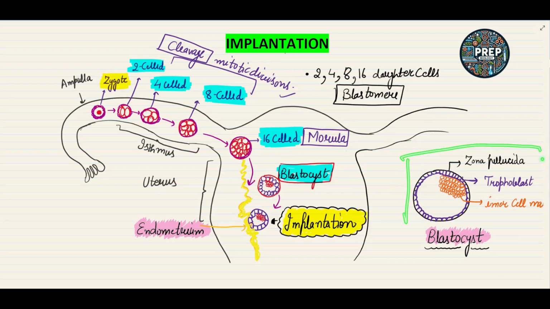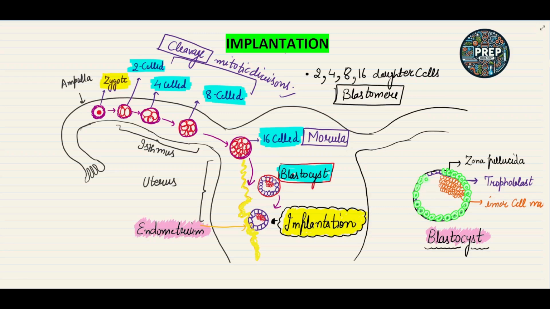This is the structure of one blastocyst, and we know that the outermost layer of the ovum or the zygote is the zona pellucida. Inner to the zona pellucida, we have different blastomere cells inside it. When the blastocyst forms, the blastomere cells move to the periphery of the structure and form a layer.